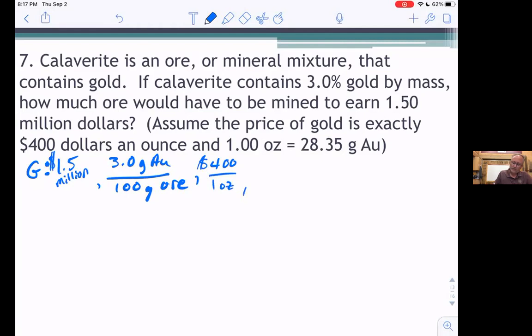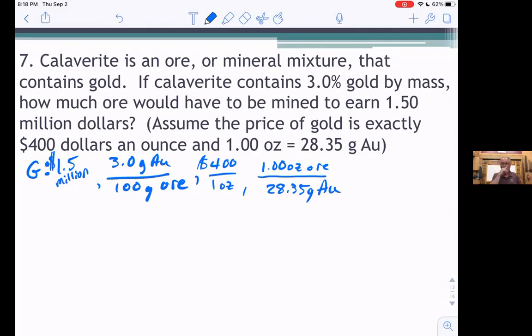And they also tell you that 1 ounce of gold contains 28.35 grams of gold. And what it says is how much ore would have to be mined. So what you want to end up with is the total amount of ore.